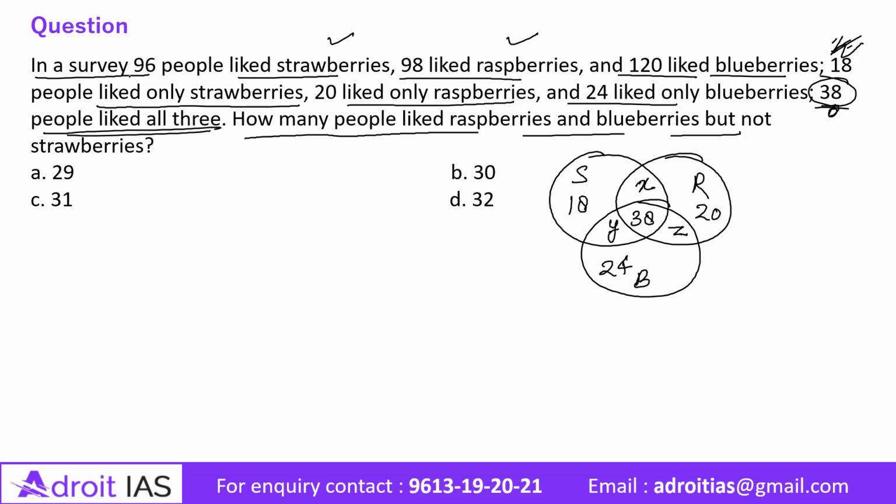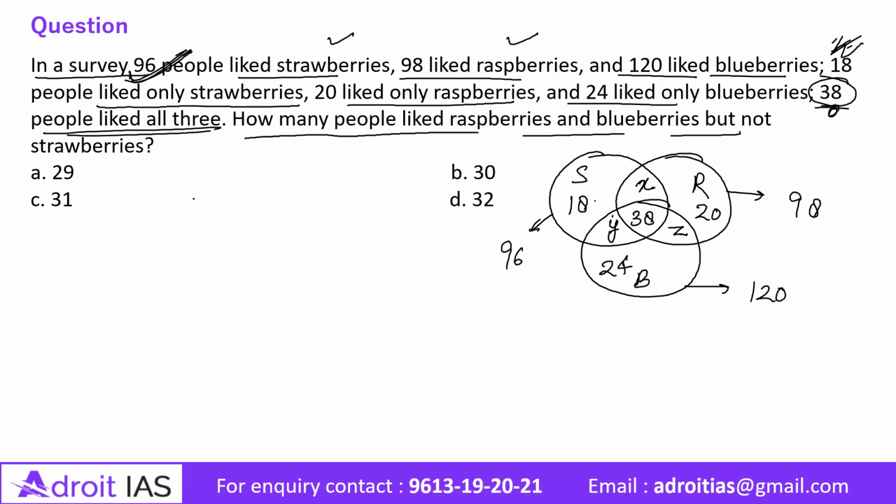For strawberry, the question says 96 people liked strawberries. So this is 96, raspberry 98 and blueberry 120. Now for the strawberry oval, the total number is 96, so the sum of all these numbers and variables should be equal to 96, right?